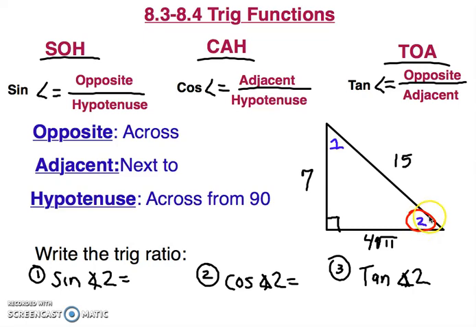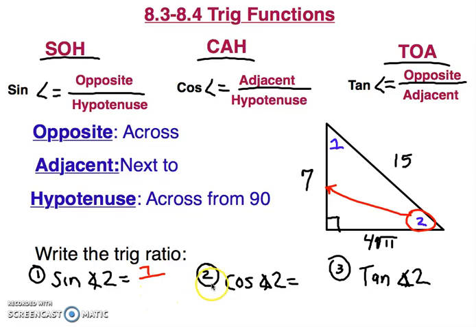So I start with angle 2, and opposite means across. The opposite of angle 2, or across from angle 2, would be 7. So we put 7 here.